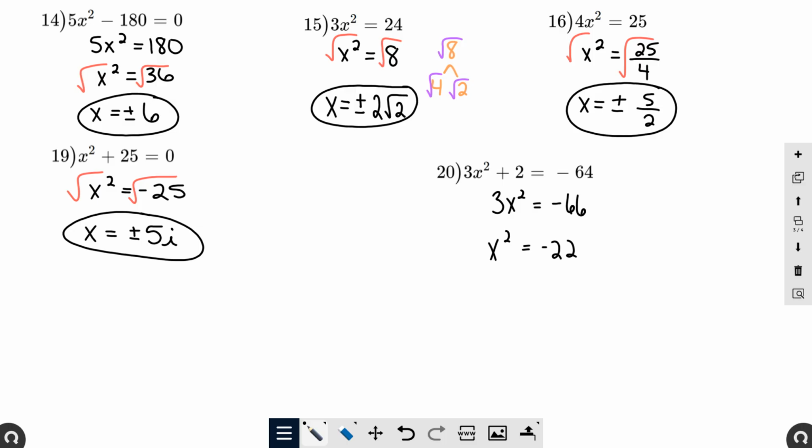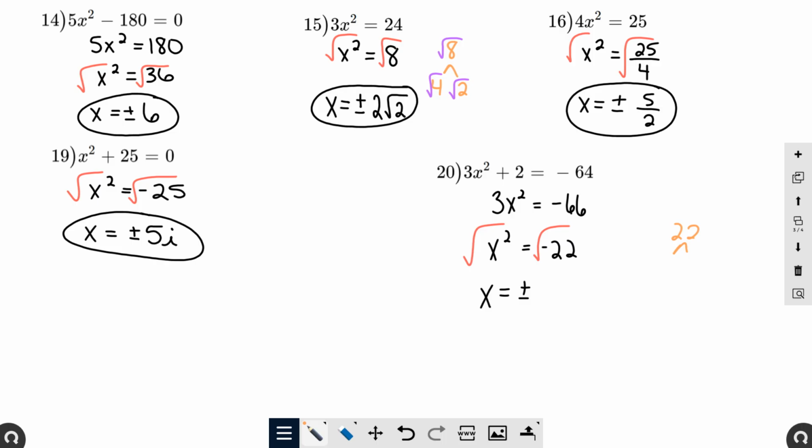Now get rid of the squared by square root. So x equals plus or minus. And then we look at that number 22. Okay, because 22 is not a perfect square, you go ahead and make that factor tree to the side or think about what multiplies to be 22?